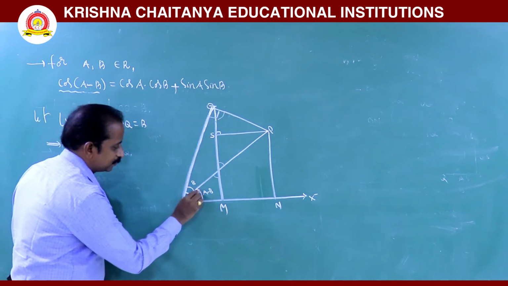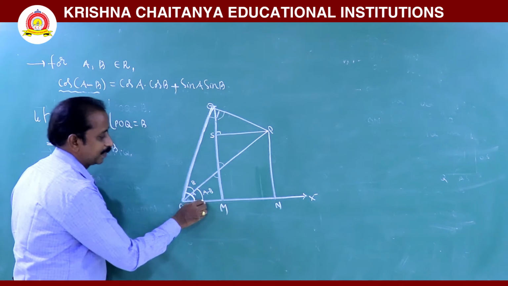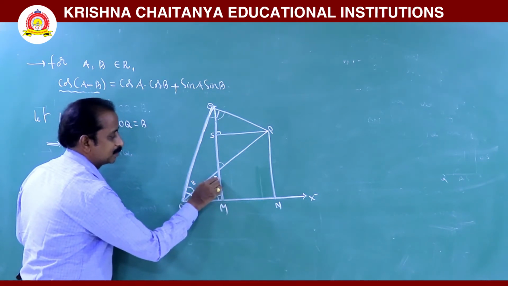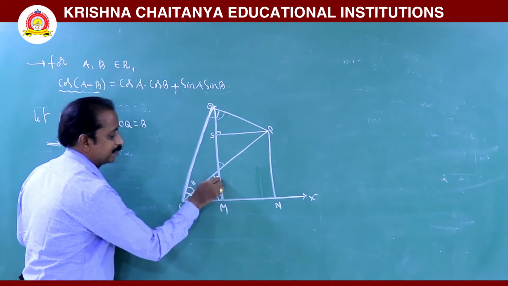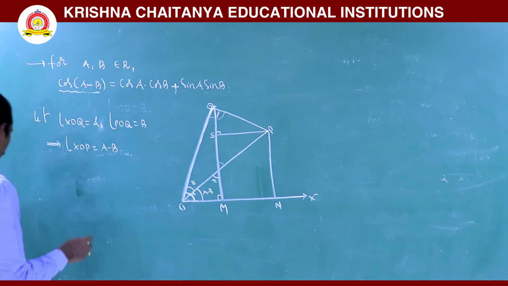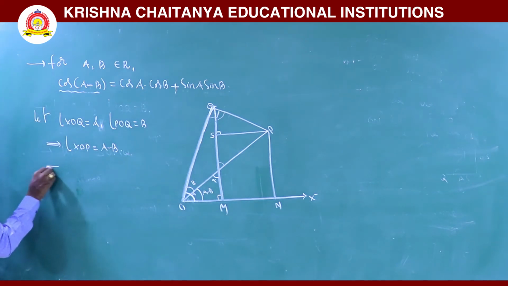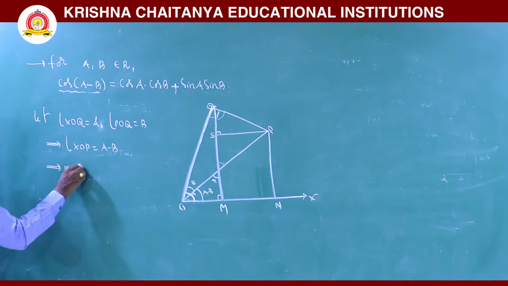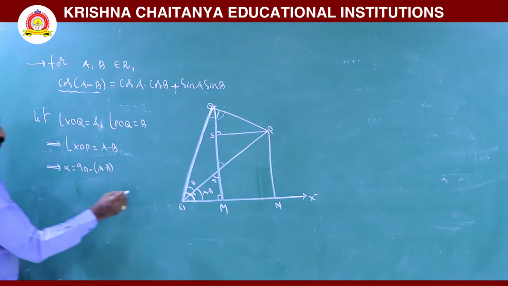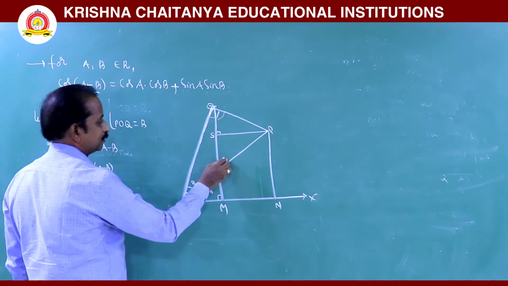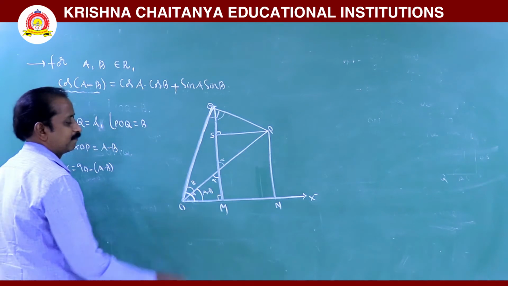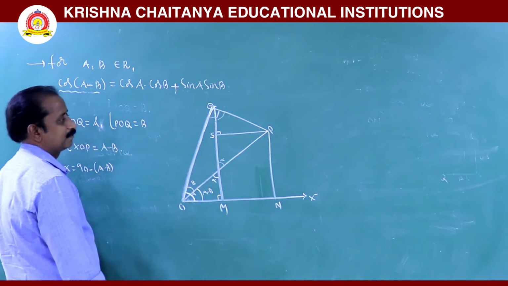We know that this angle should be A minus B, so this is 90. What about this angle? 90 minus A. If you consider this alpha, so alpha is equal to 90 minus of A minus B. This one is also alpha.